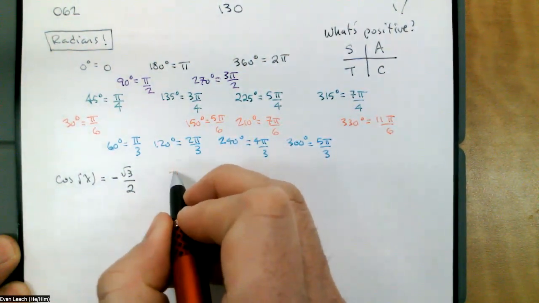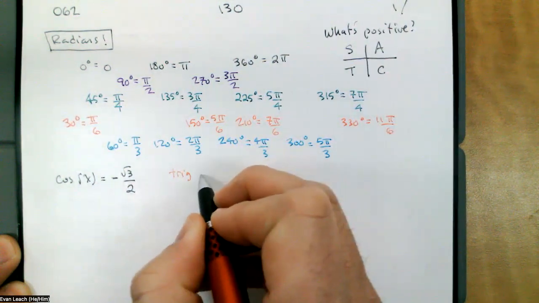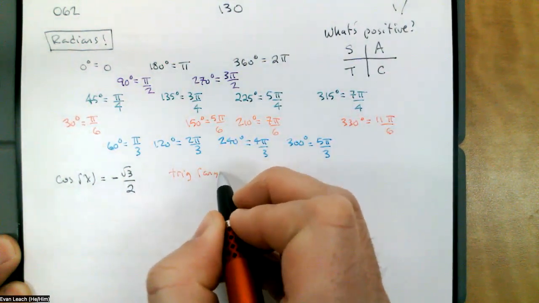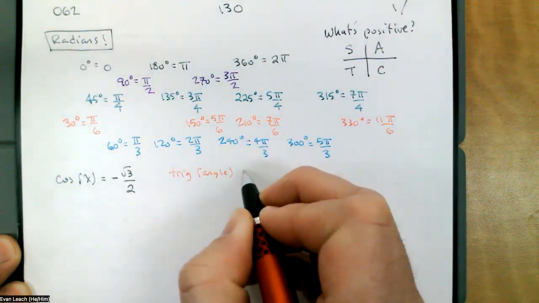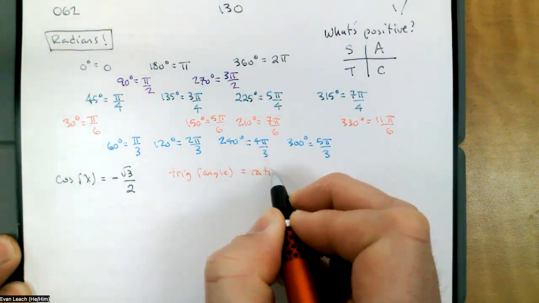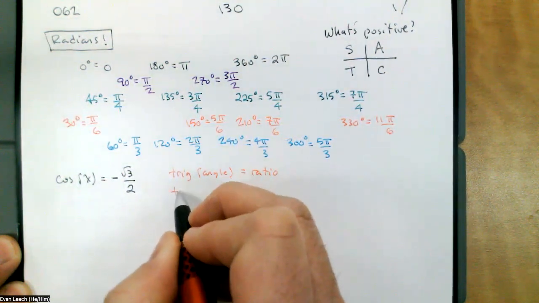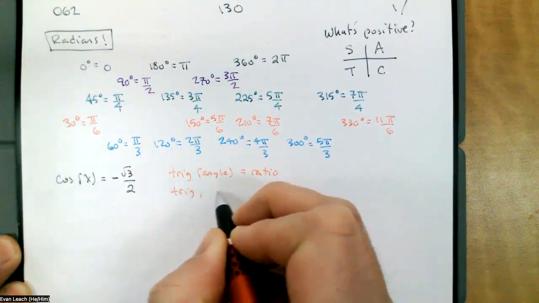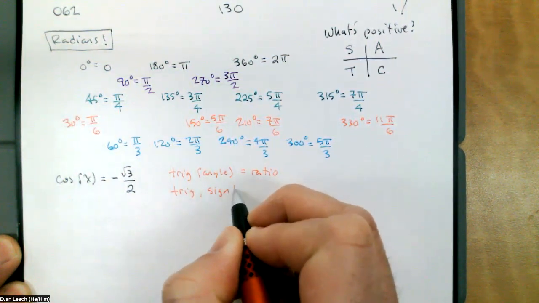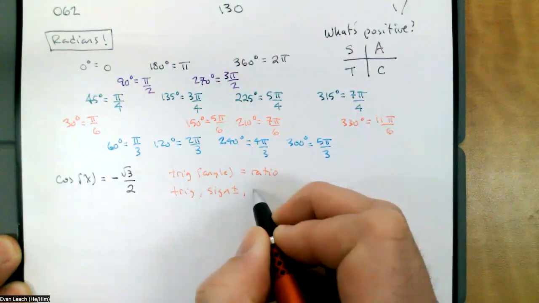Trig function, angle, ratio. Trig function, sign, plus or minus, quadrants.